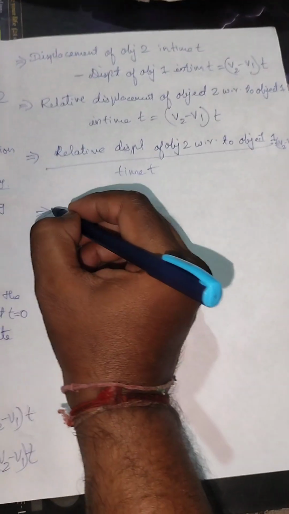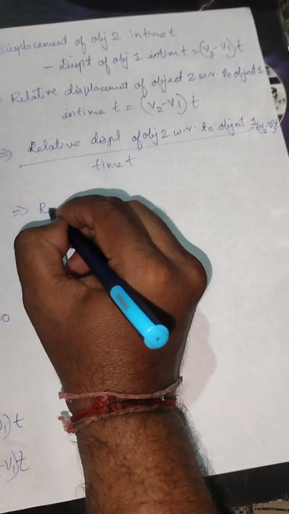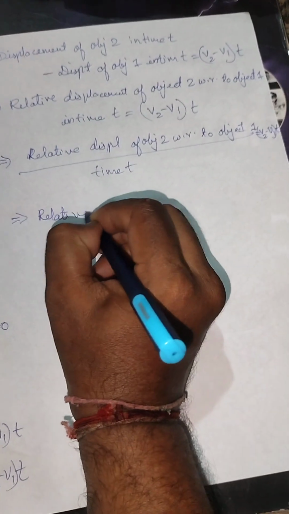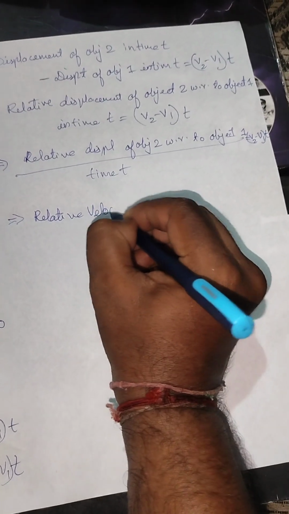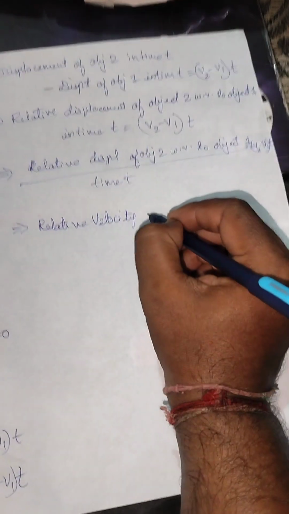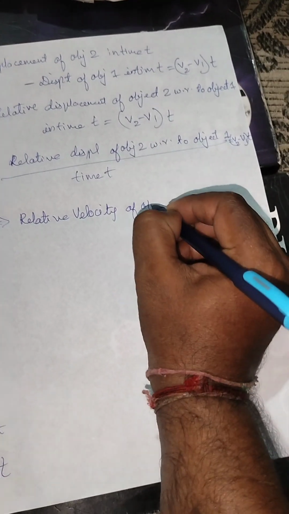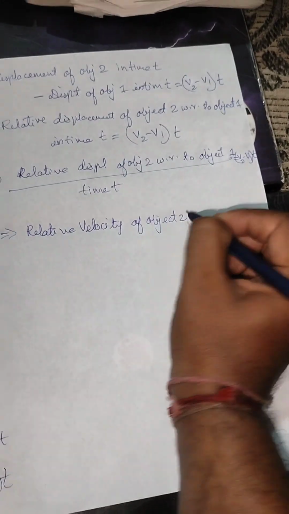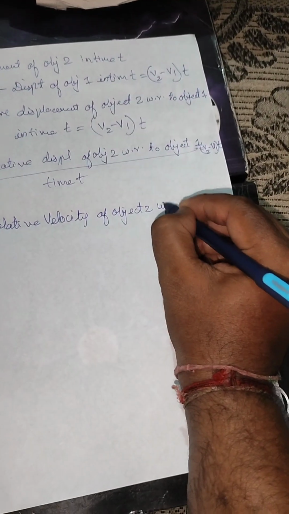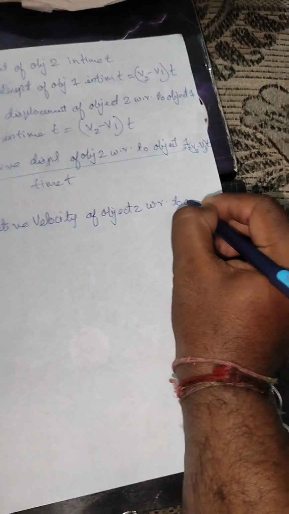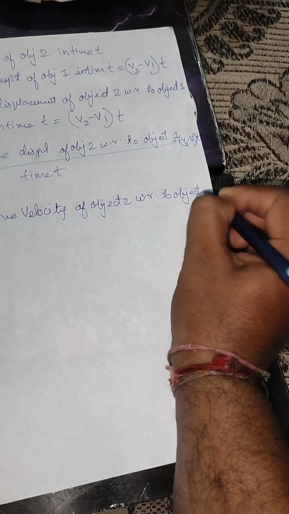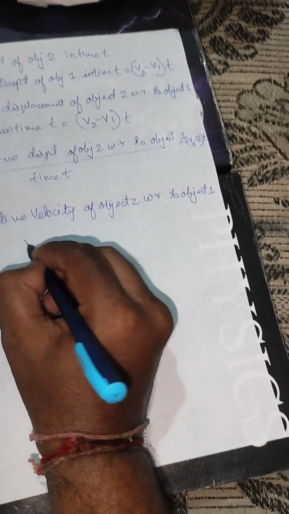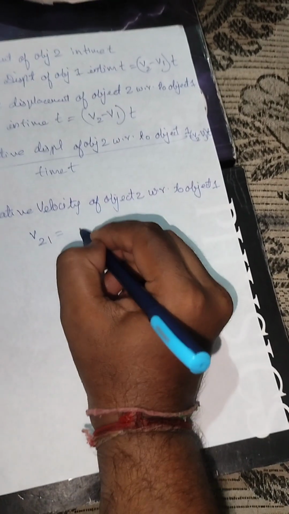Last but not least, we can write the relative velocity of object 2 with respect to object 1 as v21 equals v2 minus v1.